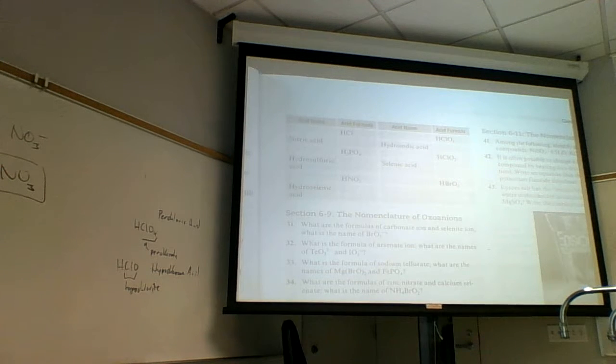We go to ic acid, and so you would like to call this phosphic acid. Phosphic acid sounds funny, and it's not historically accurate. This has always been called phosphoric acid. So sometimes the name is modified a little bit, and so officially this is called phosphoric acid, based on phosphate.